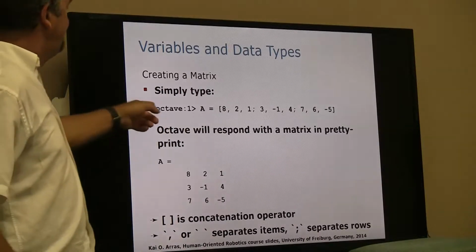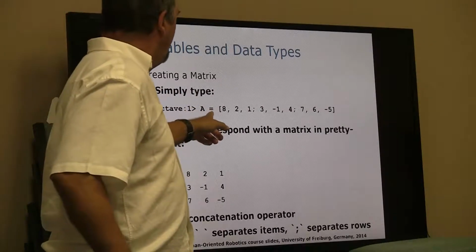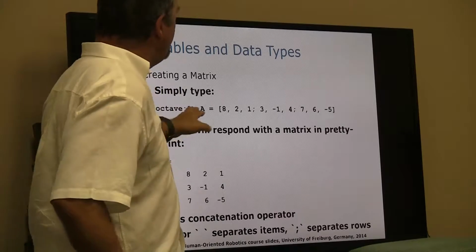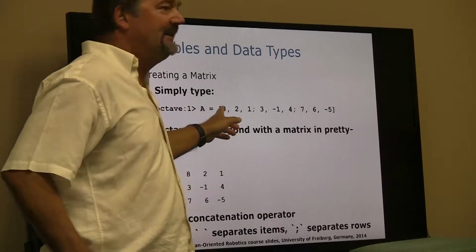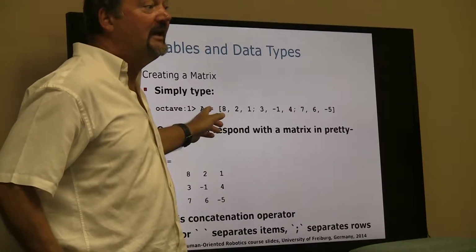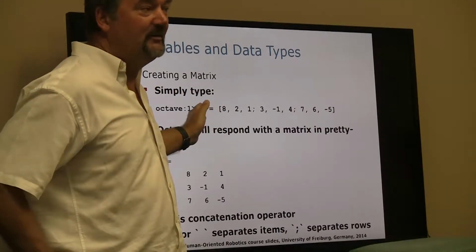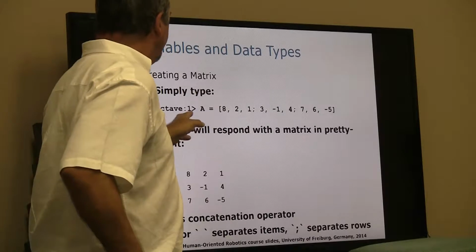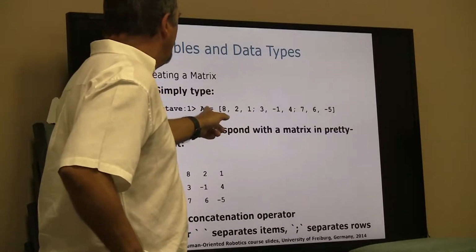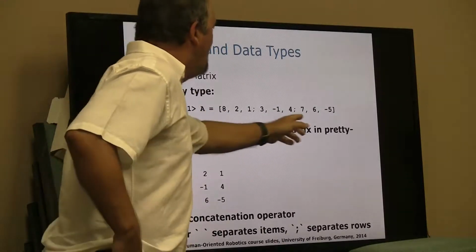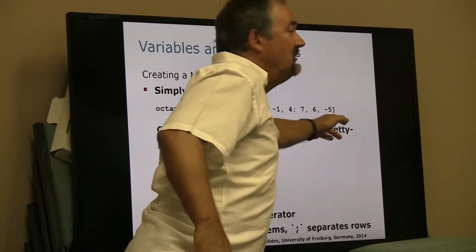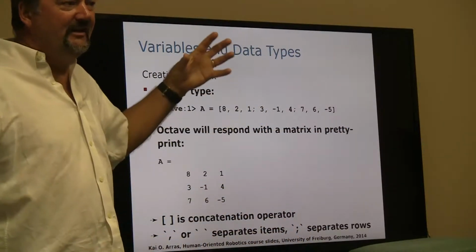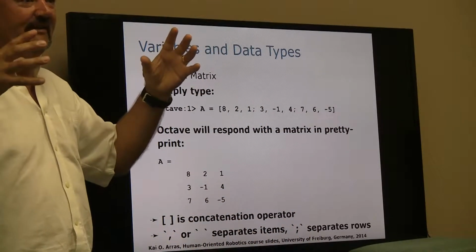To create a matrix, there's a couple of key points here, syntax elements that you'll see over and over again and that you'll want to remember in order to read Matlab programs. So this is an assignment to the variable a. The square brackets are the concatenation operator, so it means concatenate all of these things into a matrix.